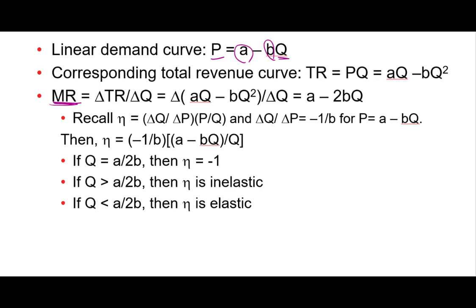So P equals A minus BQ is correctly called the inverse demand curve, as you have price on the left-hand side and quantity demanded on the right-hand side.